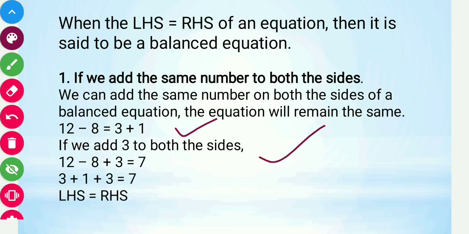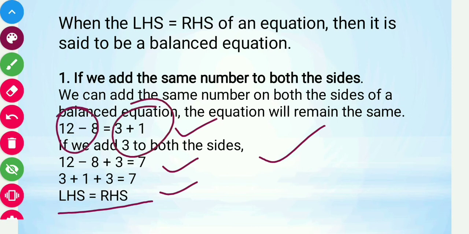If I add 3 to both sides, plus 3 here and plus 3 there, the final answer is again LHS equal to RHS. So if you add 4 here, again it is going to balance. If you add a 2 on both sides, it is going to be balanced. So we can balance the equation by adding the same number to both sides. In the end, the left hand side will be equal to the right hand side.